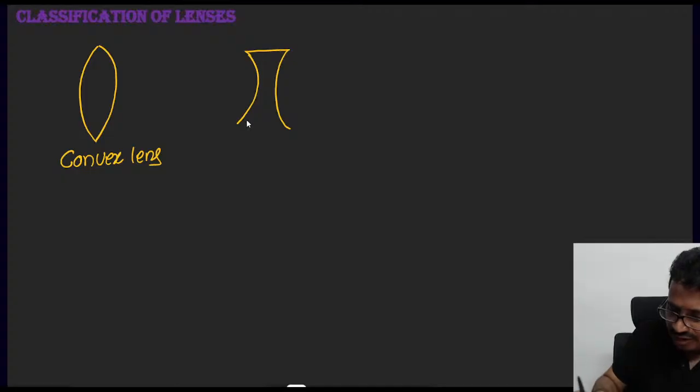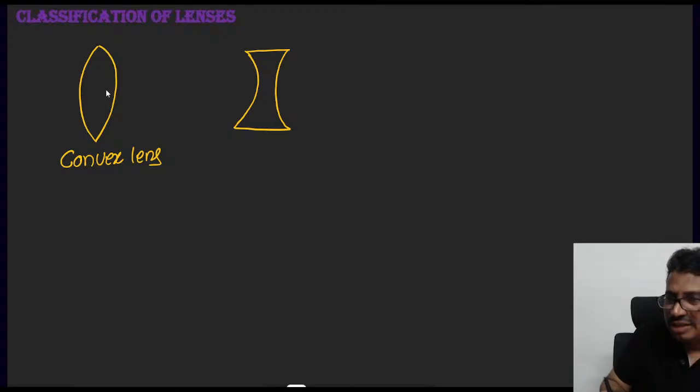The first category we call a convex lens. This is a convex lens, and this is a concave lens.